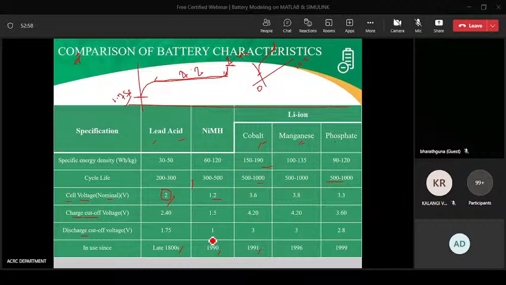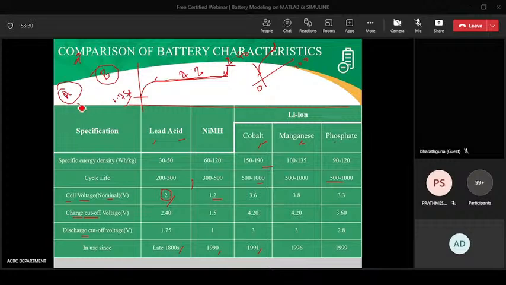Specific energy means how much energy is stored in 1 kg. Suppose I give you a lead acid battery and a lithium ion battery, 1 kg of lead acid and 1 kg of lithium ion.